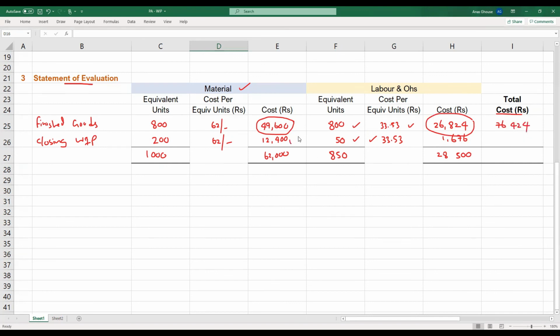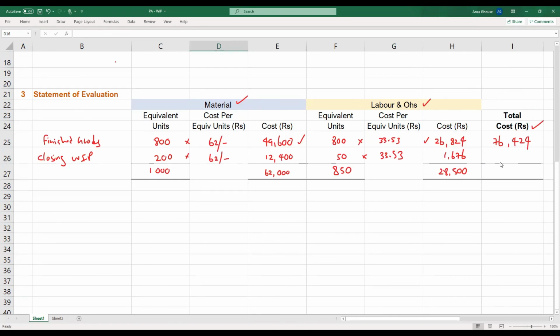And for closing work in progress, that will be 12,400 plus 1,676, so that will be 14,076. So therefore the total cost will be 90,500. So this is the statement of evaluation.